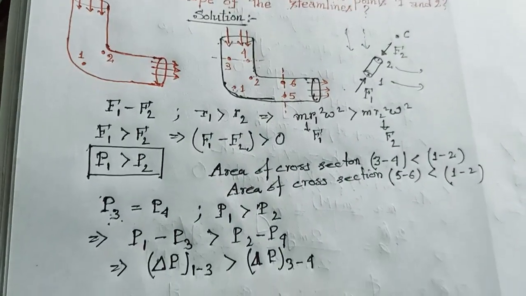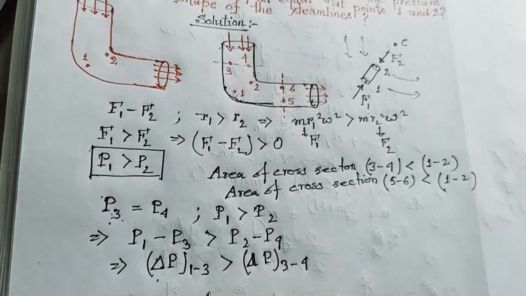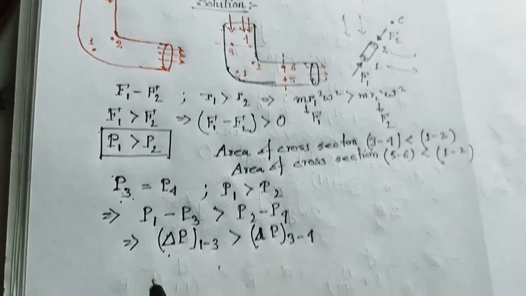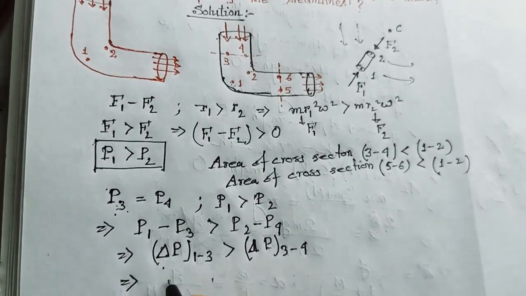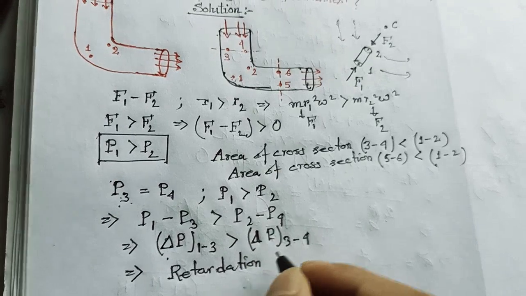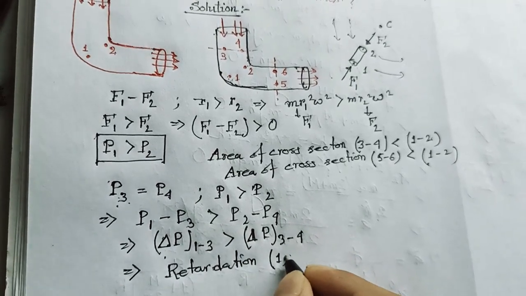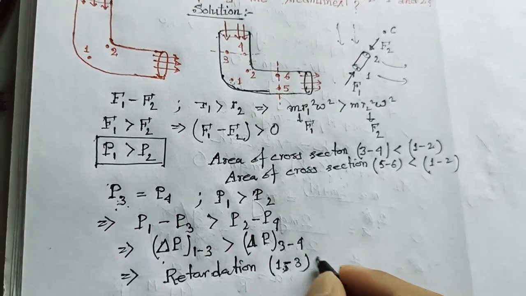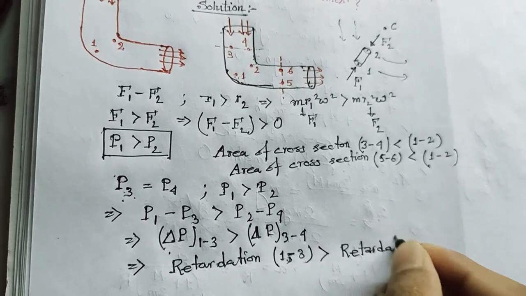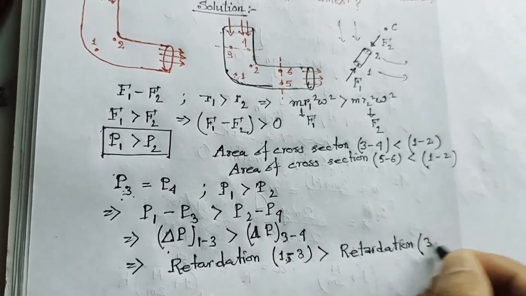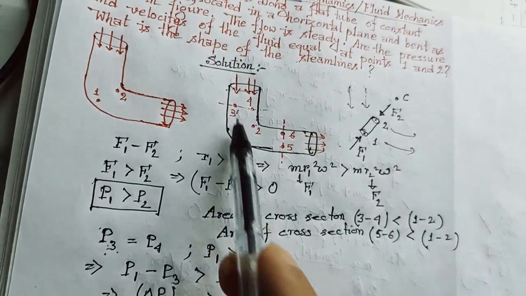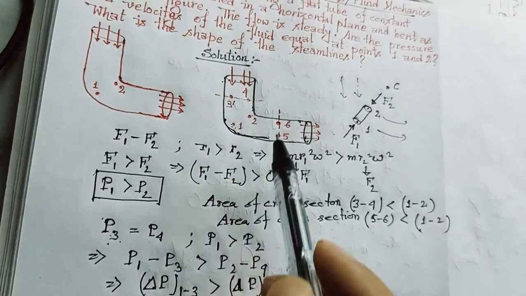Now as the pressure difference is more in the section 1/3 and less in the section 2/4, we can say that the retardation in section 1/3 will be more than the retardation at the segment 2/4.